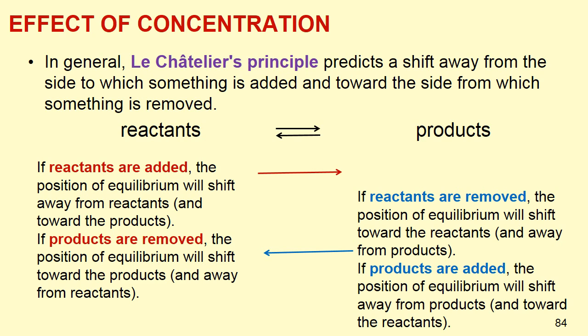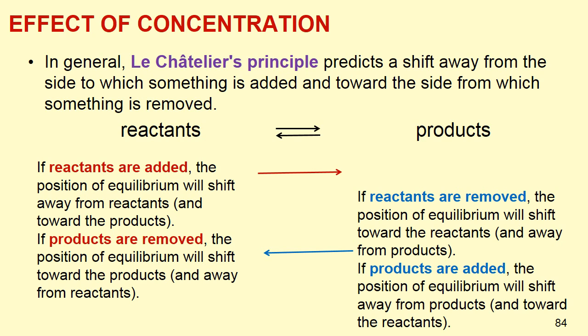All of a sudden the equilibrium is messed up, and there are too many reactants. So the reaction will proceed toward products. It'll move toward the right so that more products are formed, so it will shift to the right. So if you add a reactant, it will shift the equilibrium to the right, toward the products.